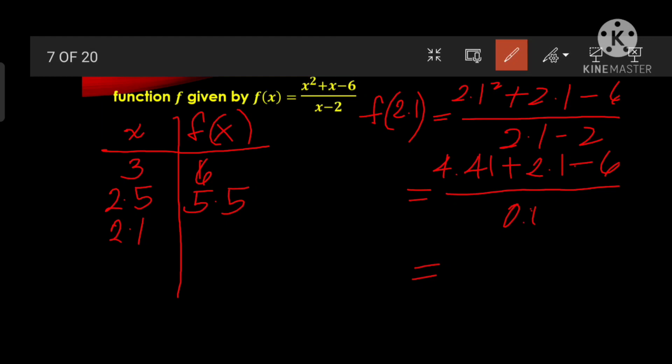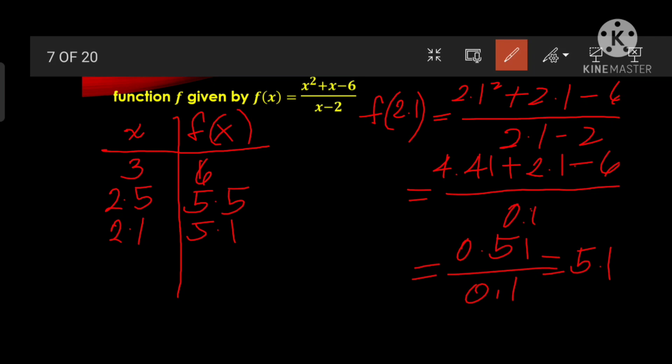Then 4.41 plus 2.1 is 6.51 minus 6. So we have 0.51 over 0.1. So 0.51 divided by 0.1 is 5.1. So this is actually 5.1.